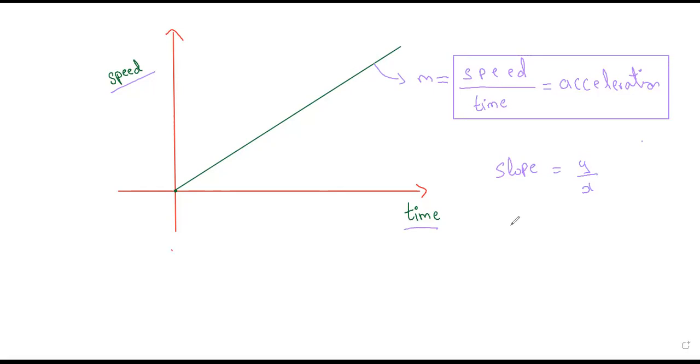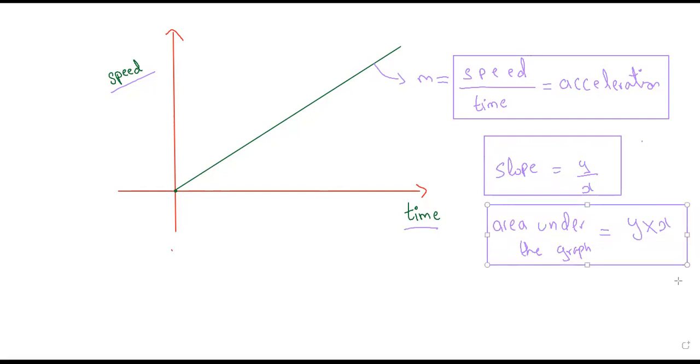The area under the graph is basically y multiplied by x. Now we have these two rules in general. It's not only in maths, it's in physics as well. This is a general rule.